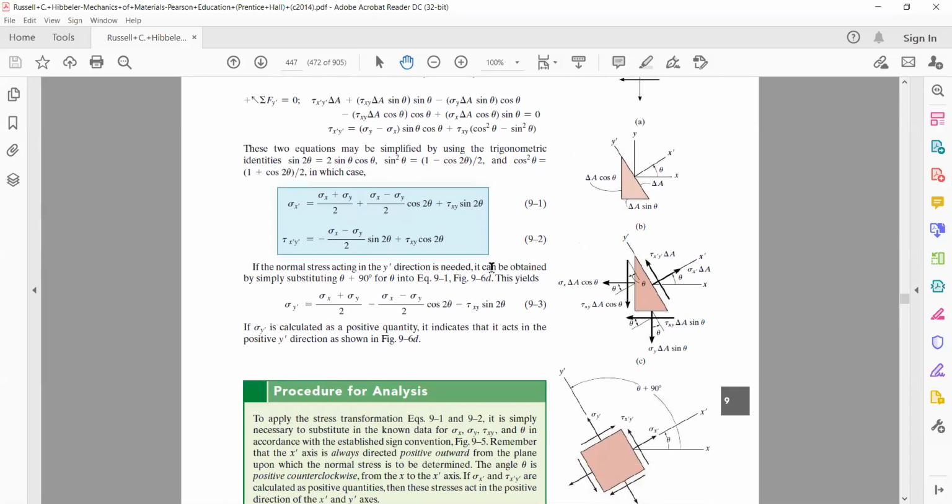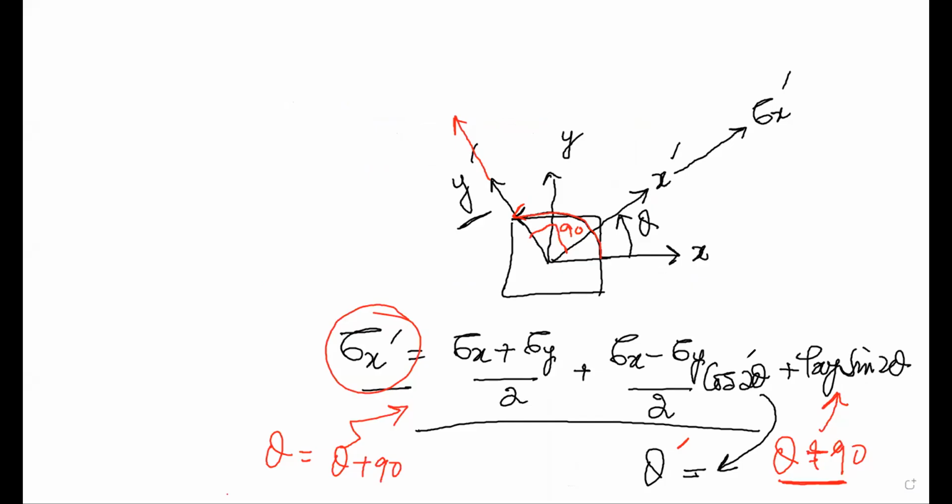Okay, so I will write it where I, okay, go back to the whiteboard. So I will write sigma y prime becomes equal, there is no change with sigma x. Sigma x is sigma x.